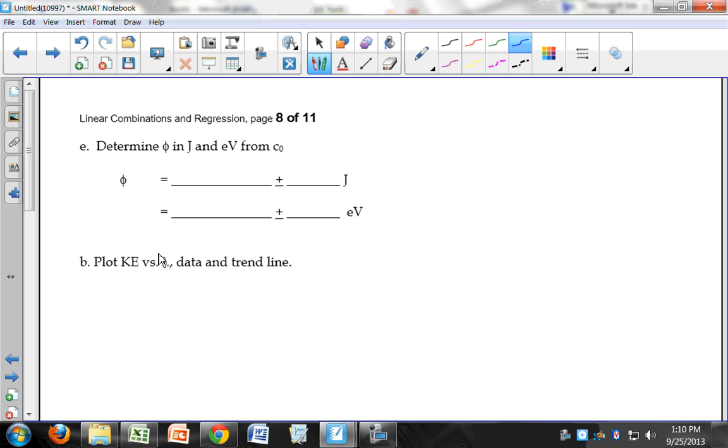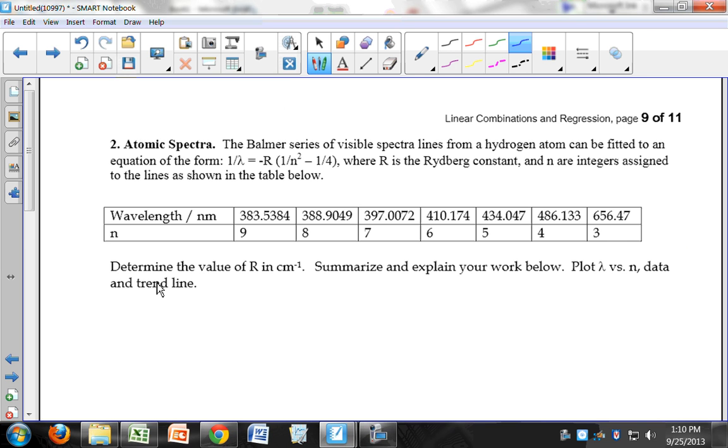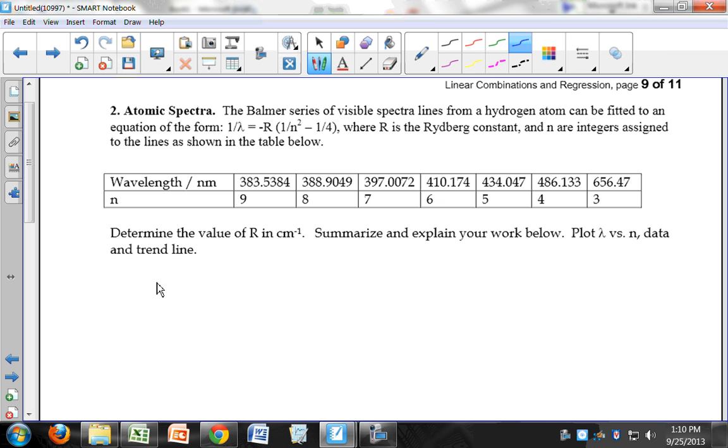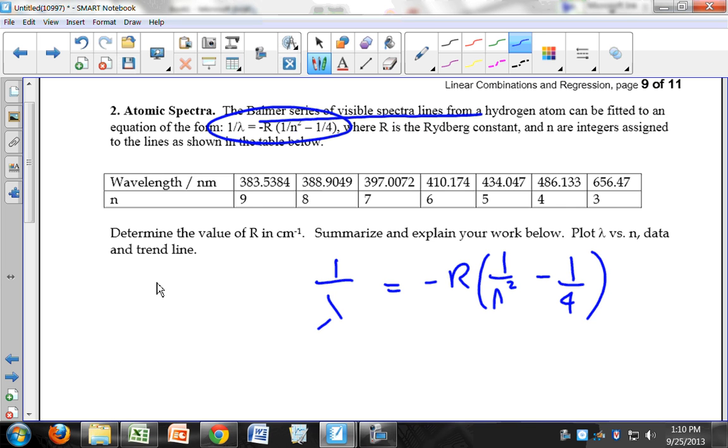And then for your second post-lab question, the Balmer series of spectral lines from hydrogen, you can fit that into this equation right here. 1 over lambda is equal to negative R times 1 over n squared minus 1 over 4, where n is just an integer, 3, 4, 5, 6, 7, 8, 9. So these are data obtained from the line spectrum of hydrogen.